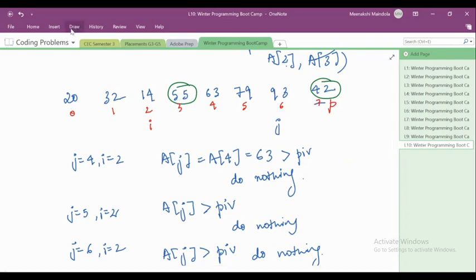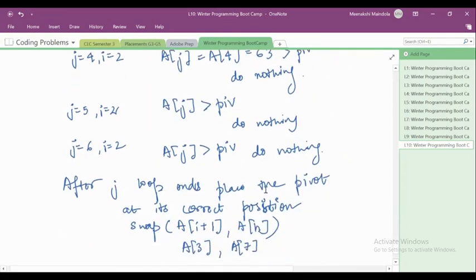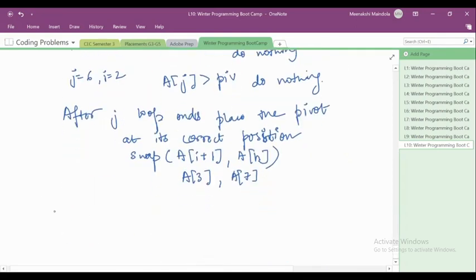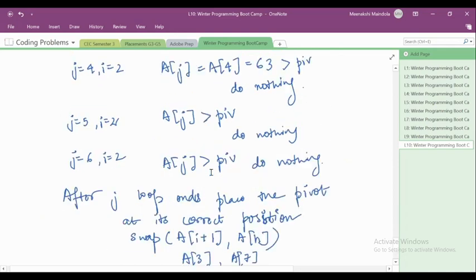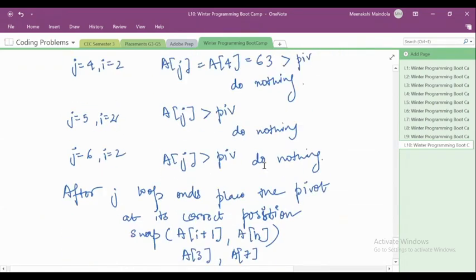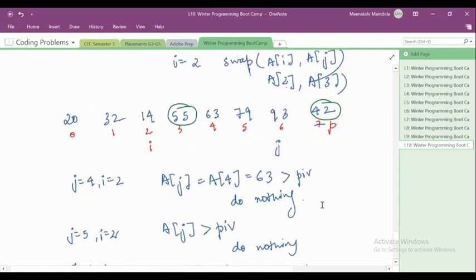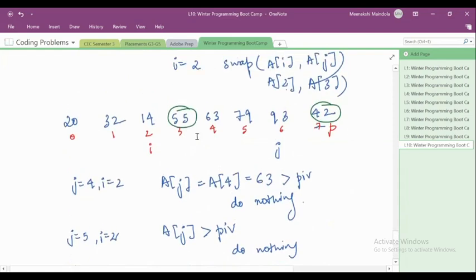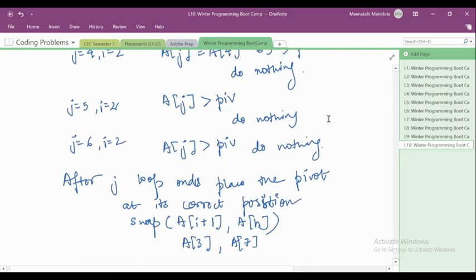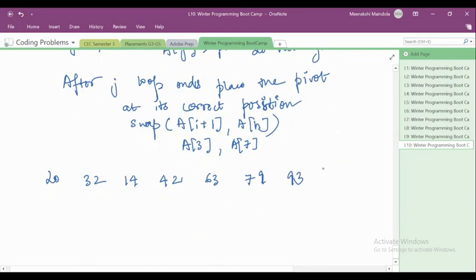Okay, so you have 20, 32, 14, then you have 42, which is the pivot element, then you have 63, 79, and then you have 93, and at the position of this 42 you are going to replace it by 55, so you have 55 here.